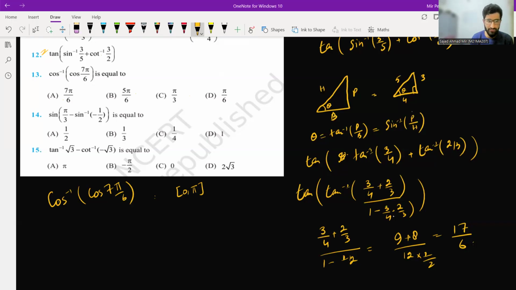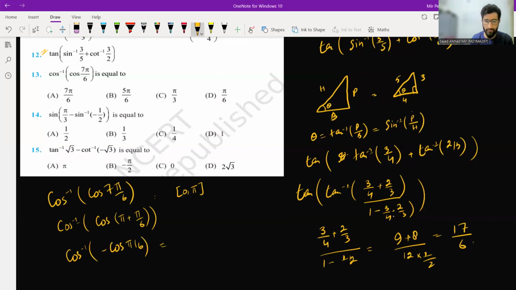We have to convert this in terms of cos of pi plus pi by 6. We get cos inverse of minus cos of pi by 6, right?